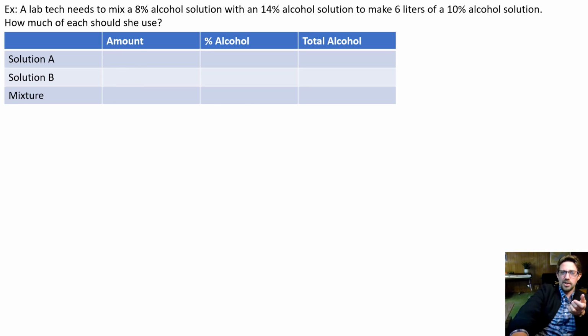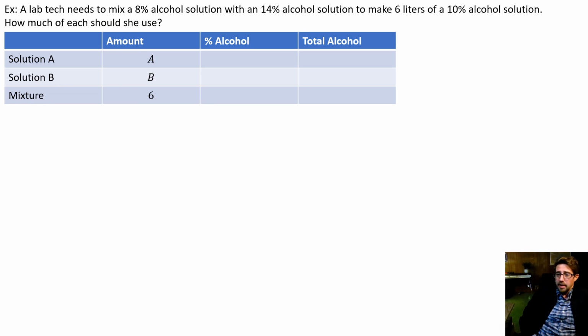And then the third column is again a little weird, and it's the total amount of alcohol in like our solution A. So for example, if I had 5 liters of solution A, and I know the solution A is 8% alcohol, then the total volume of the alcohol in it is whatever 8% of 5 is. So once again, that's a product.